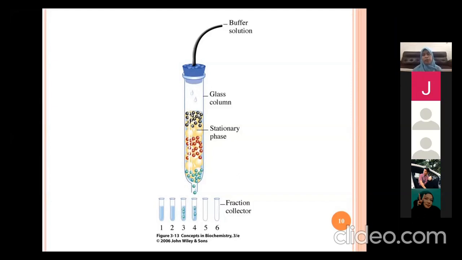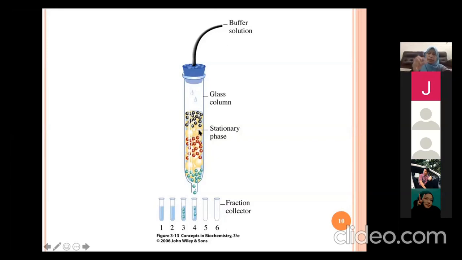Okay, there are a few techniques to purify the protein. We will learn about protein purification during your enzymology class later. Okay, so this is an example of how it is going to look if you use the chromatography technique. Okay, so this tube we call it column. Glass column or even plastic, we have it. And then we have the stationary phase here.